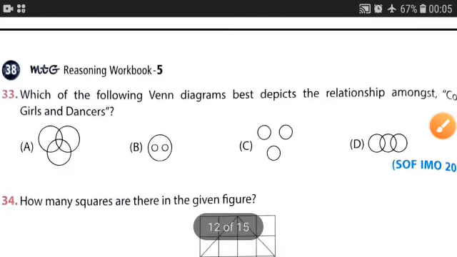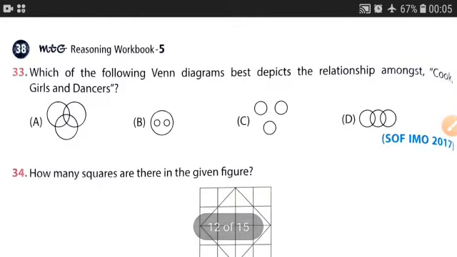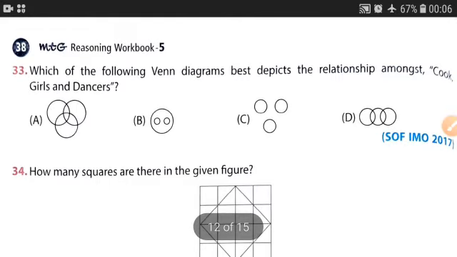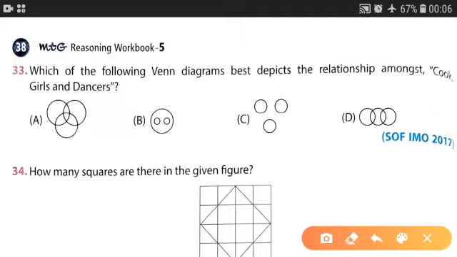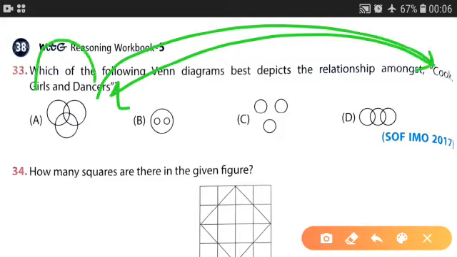Moving further to the next question, question number 33. Which of the following Venn diagrams best depicts the relationship between cook, girls and dancer? We have to find the relationship between these three. A cook can be a dancer, and a dancer can also be a cook. Similarly, a girl can be a dancer.